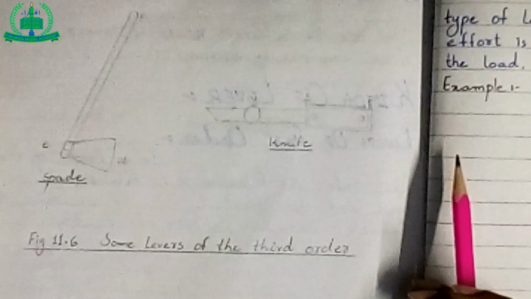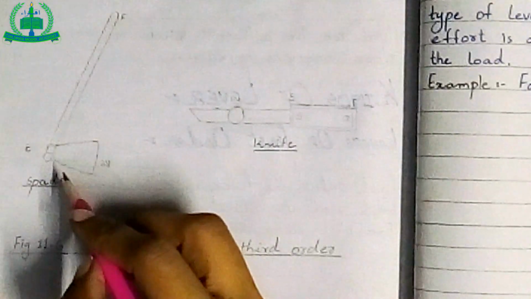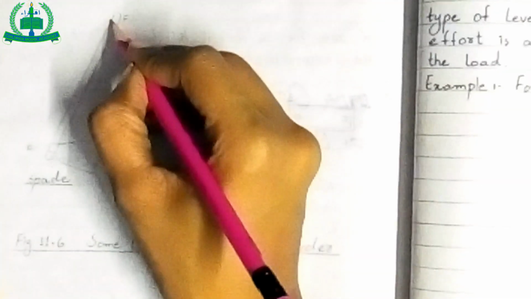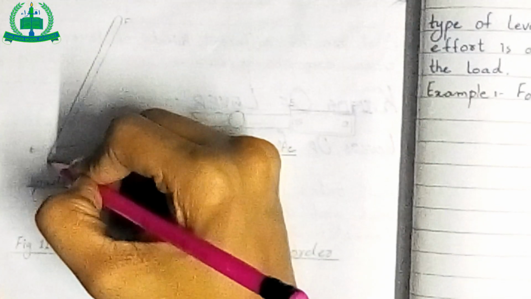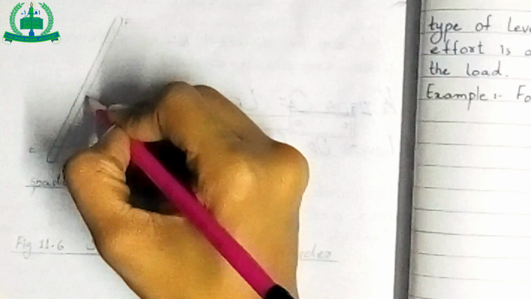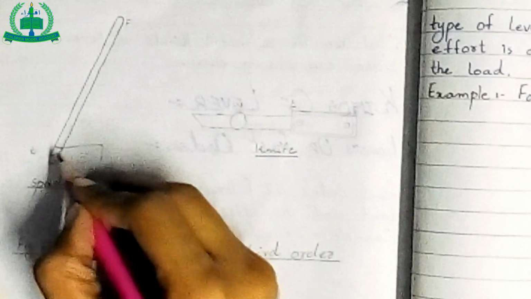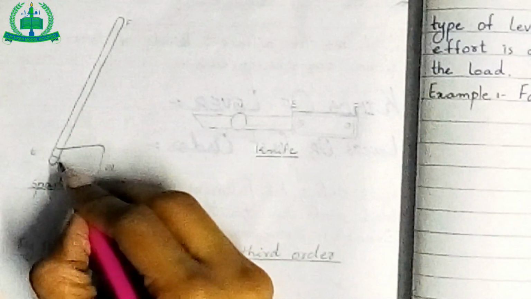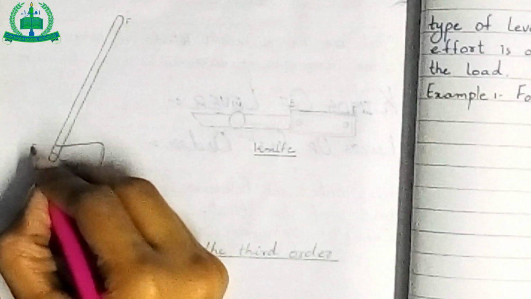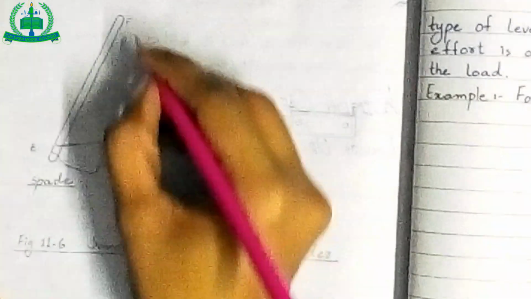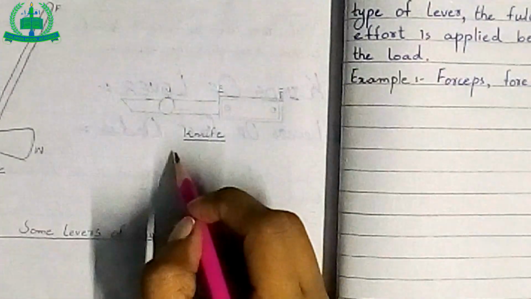Now we draw a diagram in front of lever of the third order. First we draw spade. Then draw knife.